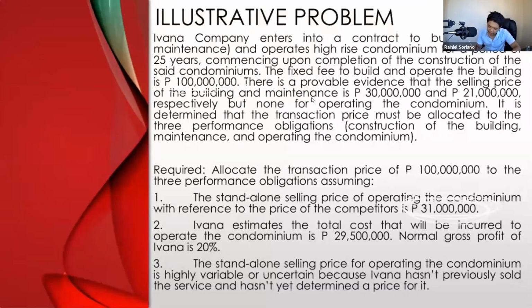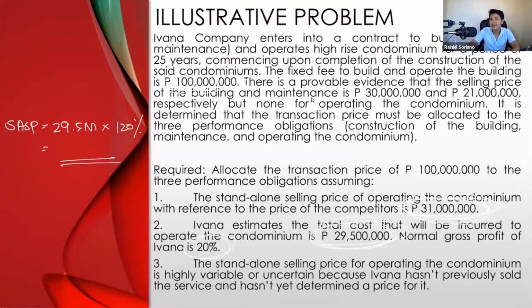Number 2, Ivana estimates the total cost that will be incurred to operate the condominium, and that is equal to 29.5 million. Normal gross profit is 20%. This means the relative fair value or the standalone selling price will be equal to 29.5 million times 120%. Because when we say cost plus a margin approach, we should apply the gross profit or the markup to the cost and add it to the same.